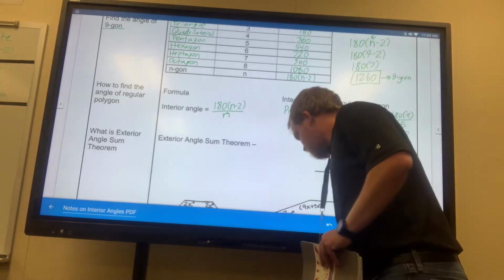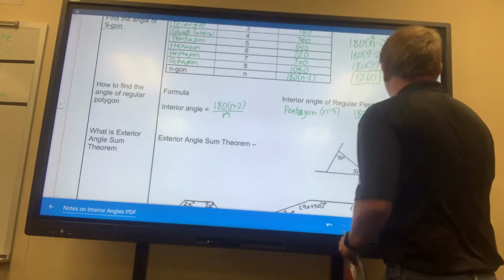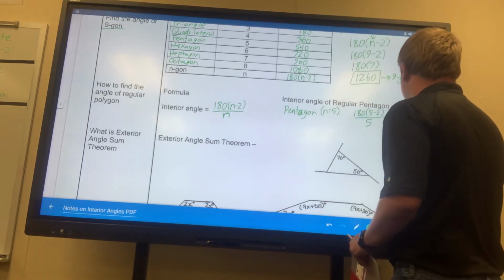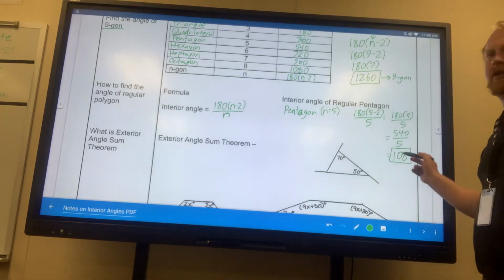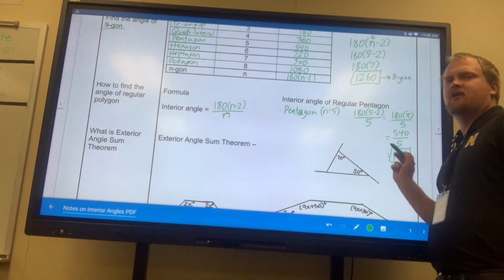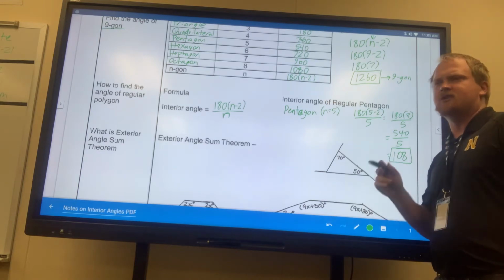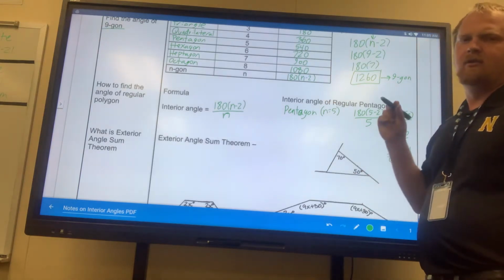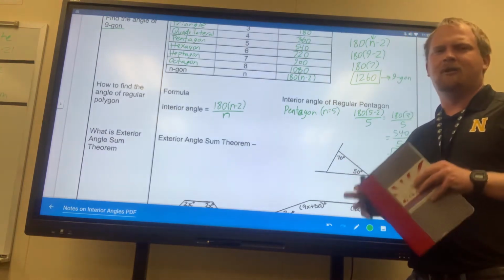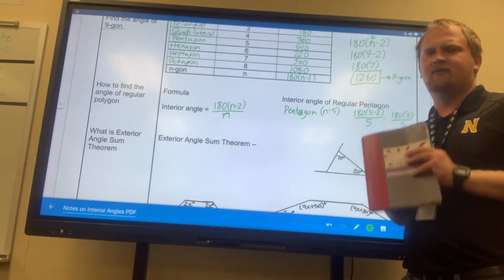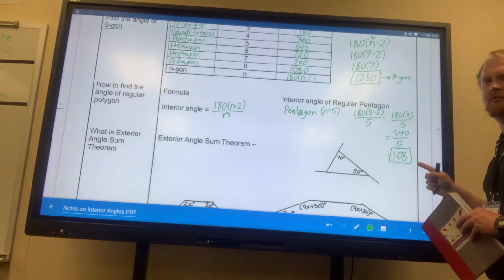And that gives me 108. So 108 degrees is the angle for each angle of a regular pentagon. Let me repeat that. Each angle of a regular pentagon is 108 degrees, right? That's how we were able to determine it.